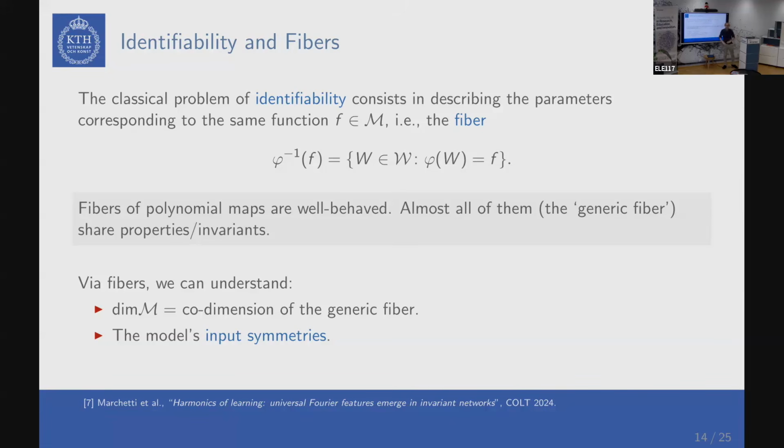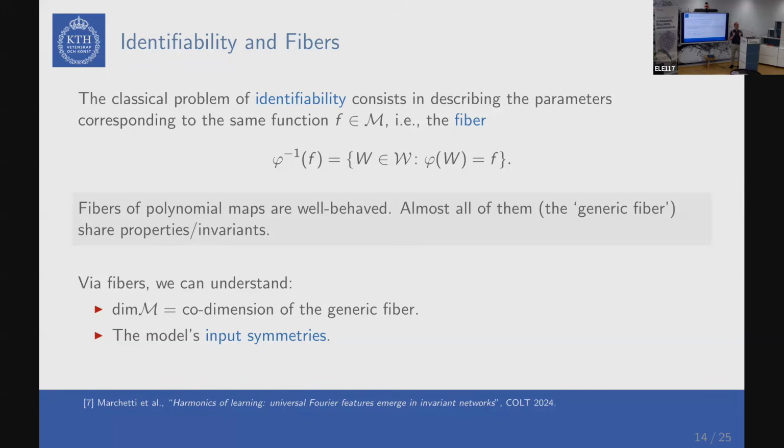The other thing is that these fibers are also called parameter symmetries. There are these surveys in deep learning where they switch the terminology from identifiability to parameter symmetries. And there is this principle that if you understand the parameter symmetries, you understand the input symmetries.